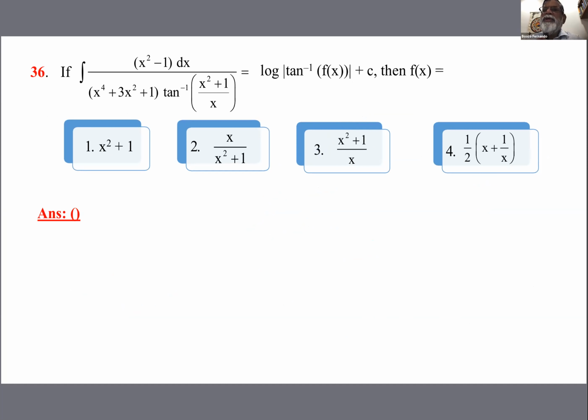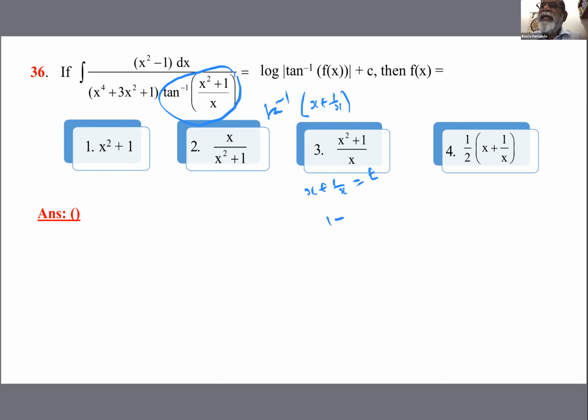Tan inverse of. But one hint is there. The hint is, this is a tan inverse of x plus 1 by x. So f of x may be x plus 1 by x. So the substitution may be put x plus 1 by x is equal to t.